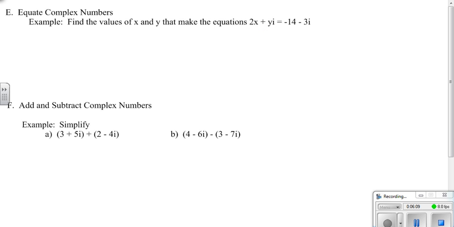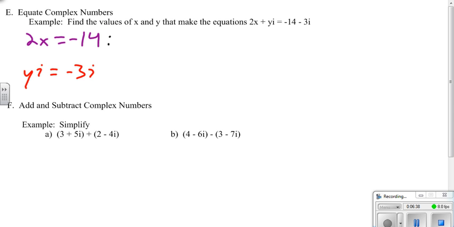If we want to make them equal to each other, all we do is simply set this part equal to our real part over here and set our imaginary part equal to our imaginary part over here. In doing so, we create the equations 2x equals negative 14 and y times i equals negative 3 times i.